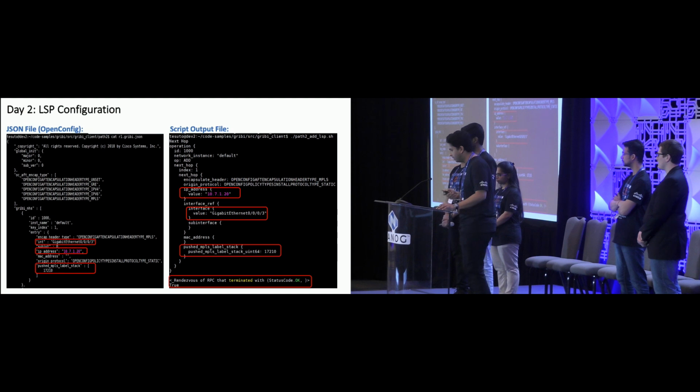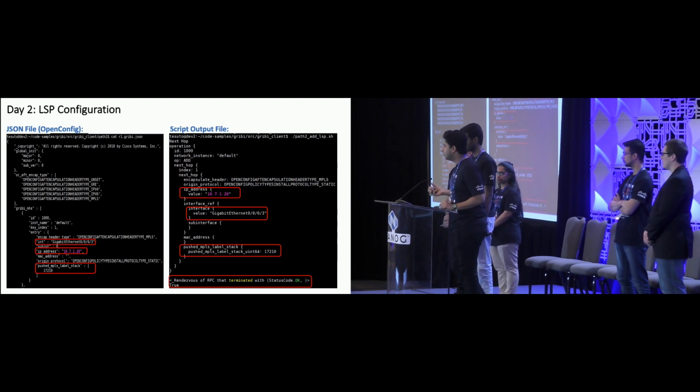At this point, we had a Kafka consumer running on Dev 2 as well, and it was retrieving information from the servers established in day 1. And once that happened, we wanted to parse that information to modify and traffic engineer all the LSPs that we had.